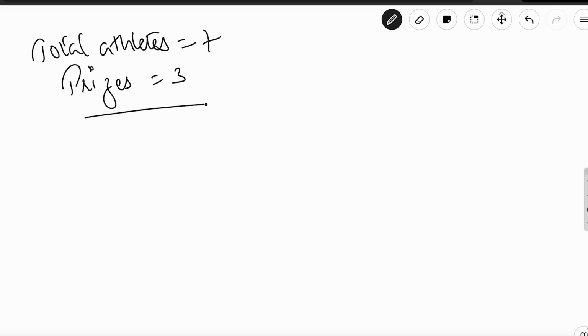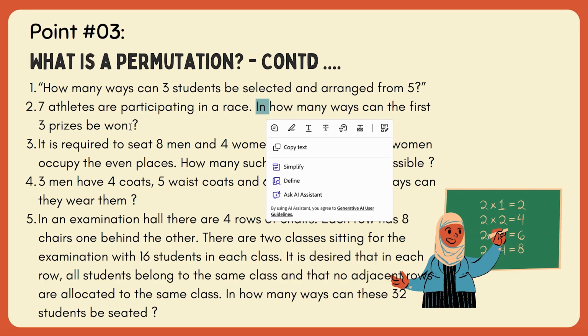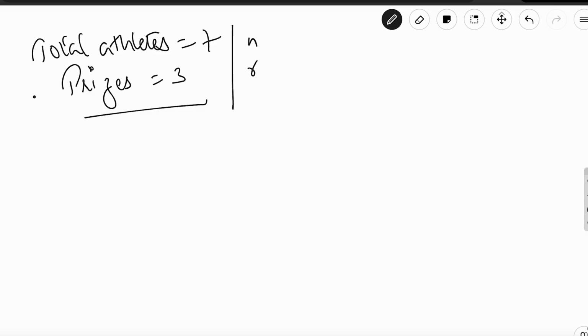So n is 7, r is 3. The question says out of 7 athletes, in how many ways can the first 3 prizes be won? It's talking about the first 3.